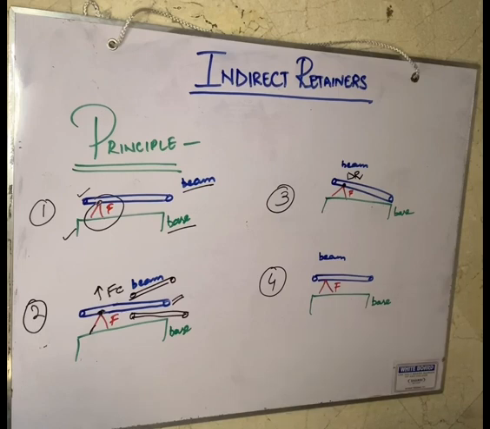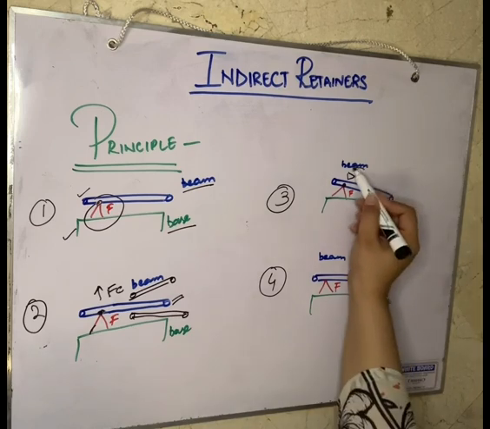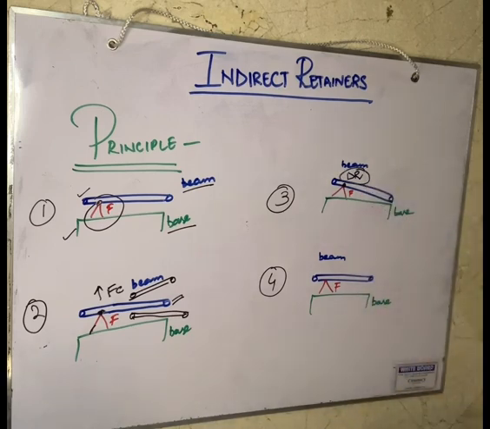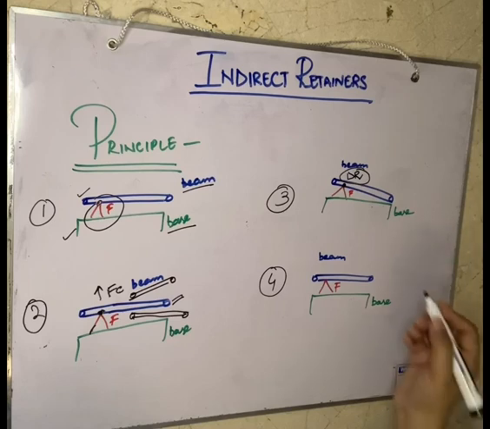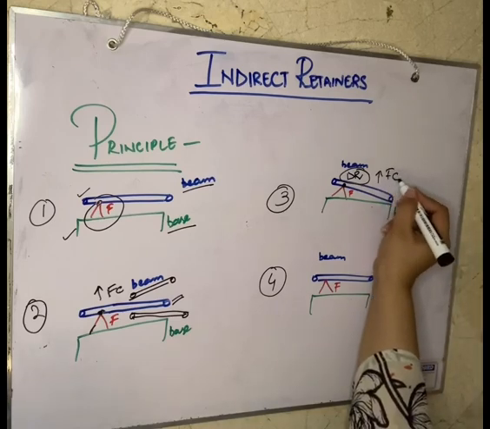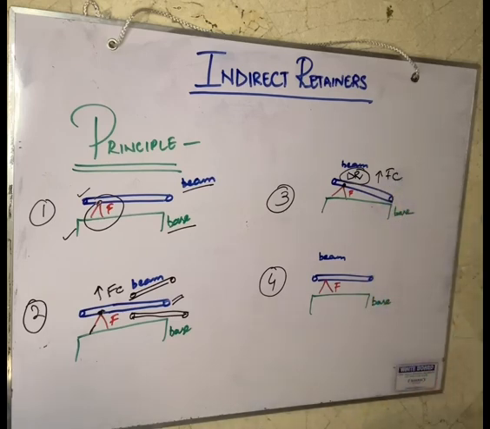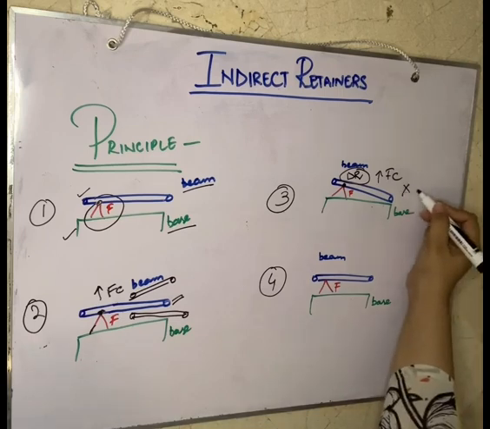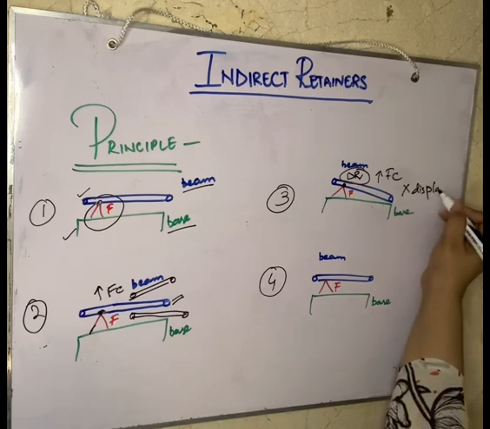Now the beam and the fulcrum are connected to each other. They are not in point contact in the presence of a direct retainer, they are connected. And then a pulling force is applied. Now what will happen? Now there will be no displacement.